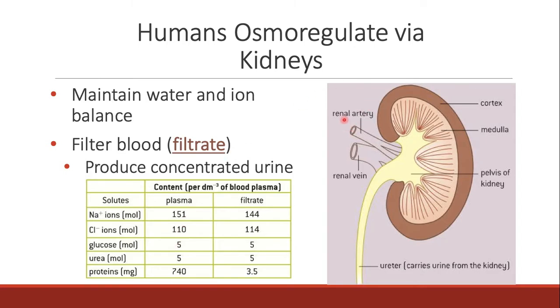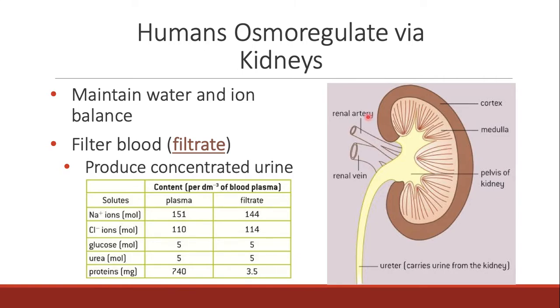Then we see 5 glucose moles go in through the renal artery, and they all end up in the kidney. 5 for 5. Same with urea. The urea comes in through the renal artery, which is the waste, and all of it hops into the kidney.